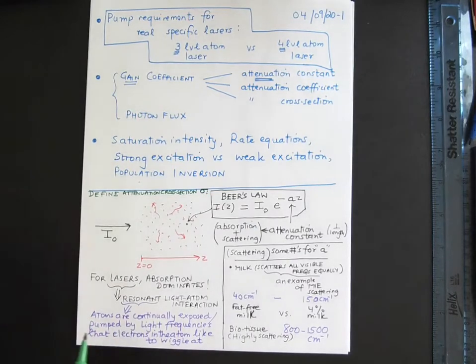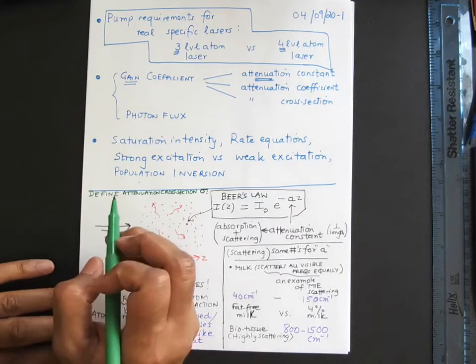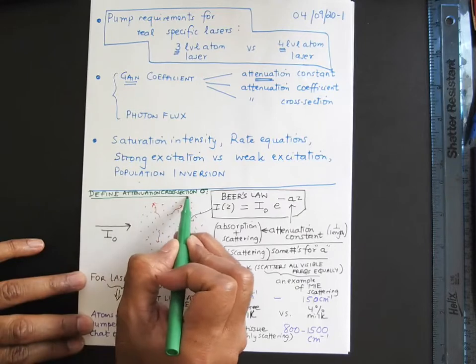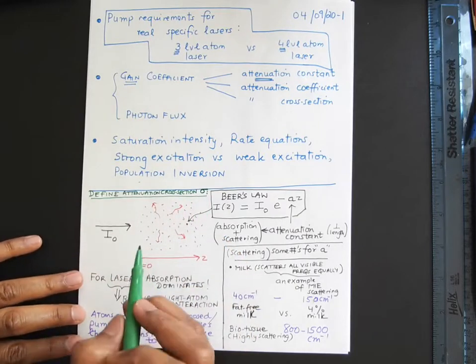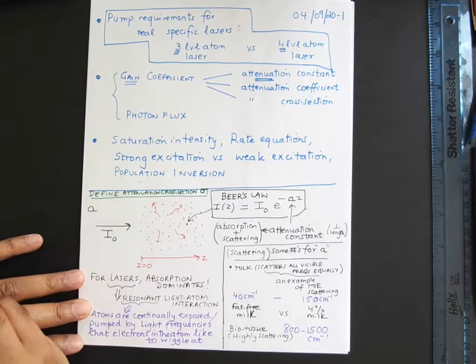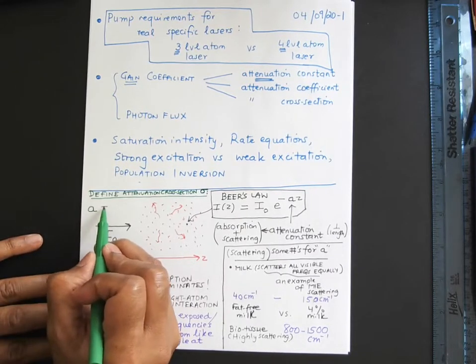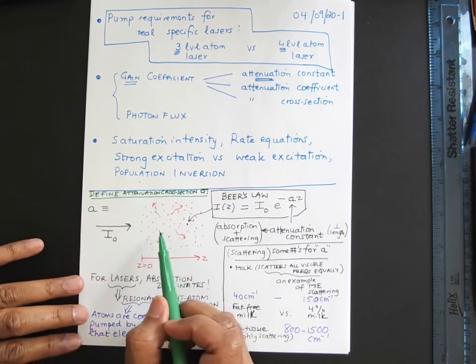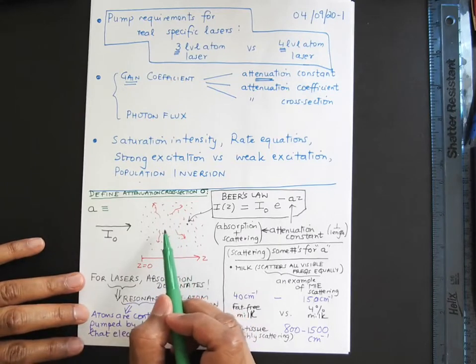Okay, now cross section implies that it is something which is an area. Now here's how it comes in. So we're going to define that attenuation cross section sigma. The attenuation constant A is defined as, because you can see how much am I going to attenuate?